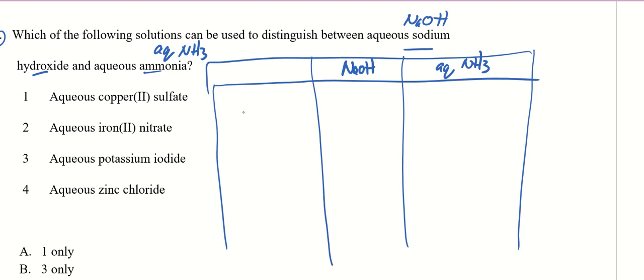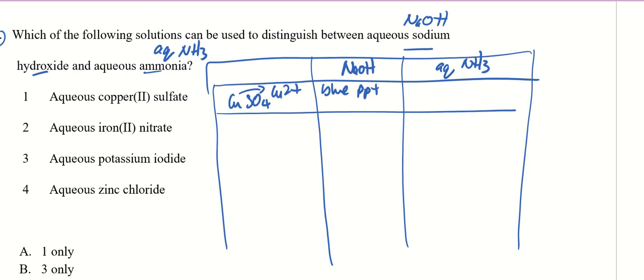So 1, aqueous copper 2 sulfate. So if we added aqueous copper 2 sulfate, we know that there is a Cu2 plus. Okay, we will get blue precipitate here, but it will be insoluble in excess.